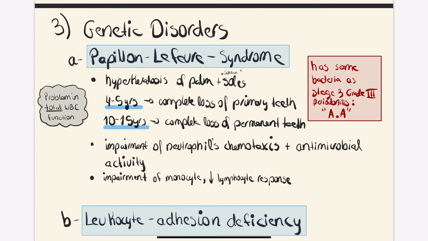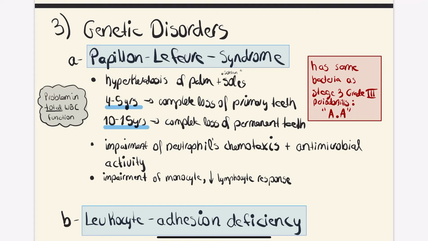So, the Papillon-Lefèvre syndrome. It is a hyperkeratosis of the palms and the soles. Around 4 to 5 years, we see a complete loss of the primary teeth, and at the age of 10 to 15, we see a complete loss of the permanent teeth.